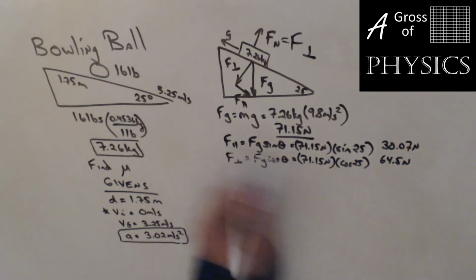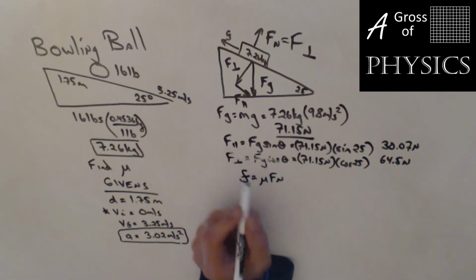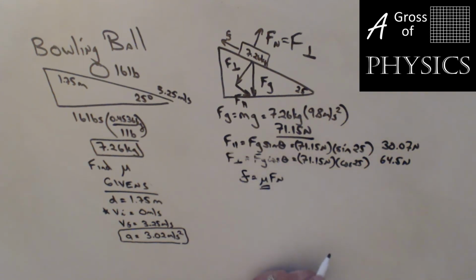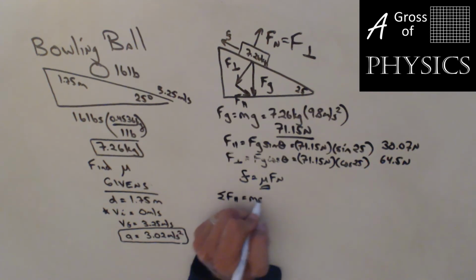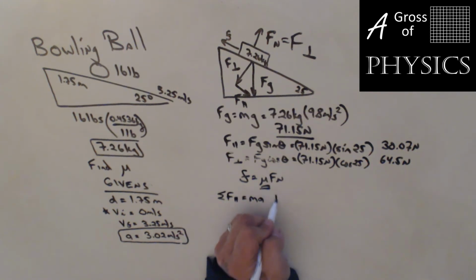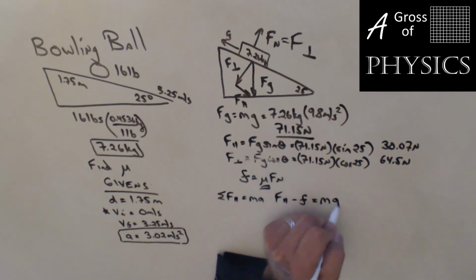Now, normally friction is mu Fn. We know Fn, but we don't know mu. So we don't have enough information to find mu directly. So what we're going to do is now look at the parallel direction. And in the parallel direction, we have two forces. So if we sum the forces in the parallel and set it equal to ma, we're going to get F parallel minus friction equals ma.